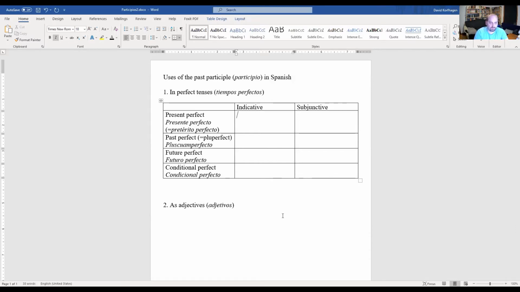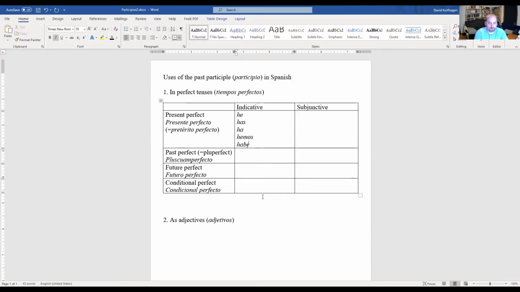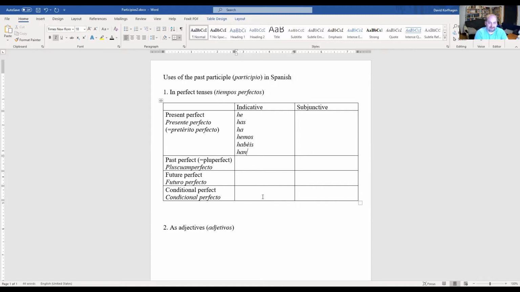But basically for the present perfect, we're going to use the present tense of haber, right? Has, ha, hemos, habéis, han, right? So we take the present tense of haber for the present perfect, and then we just add that participle, right?